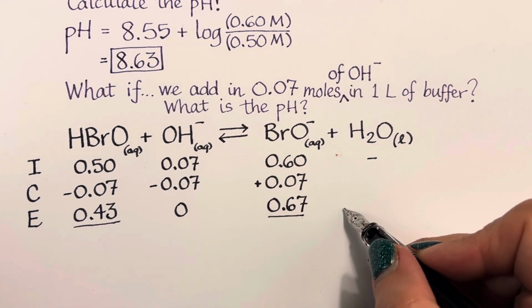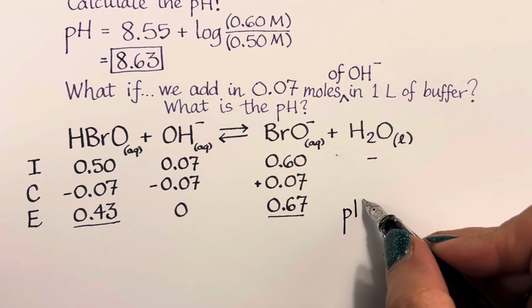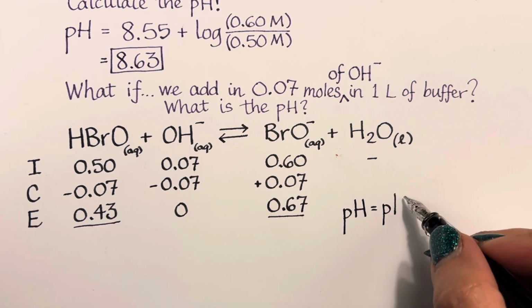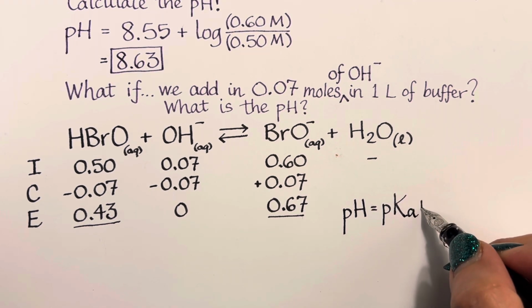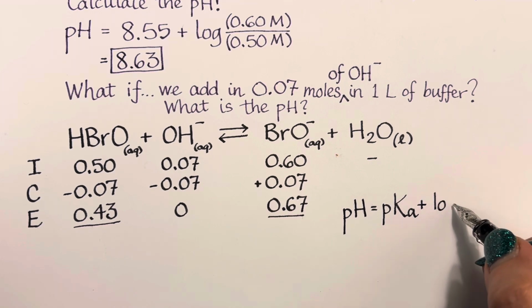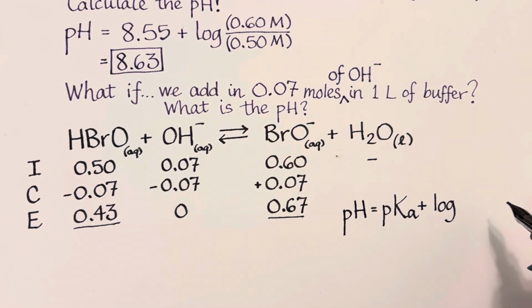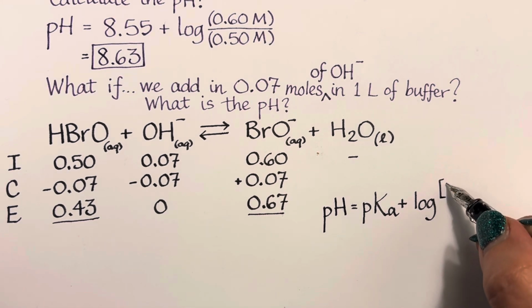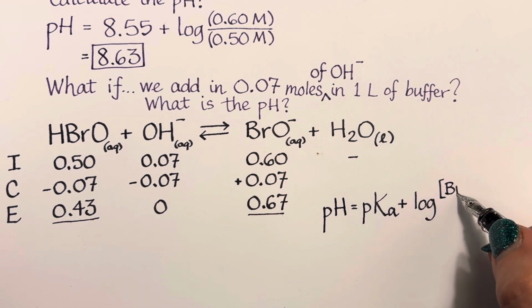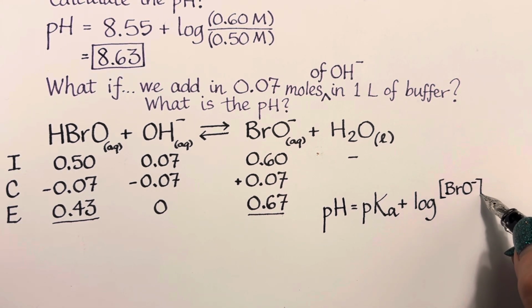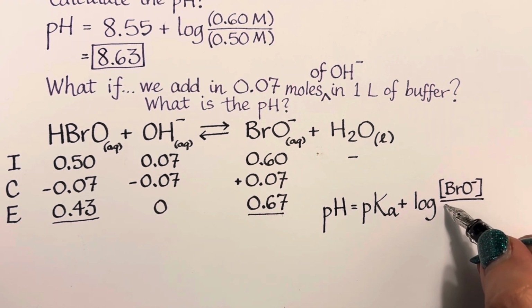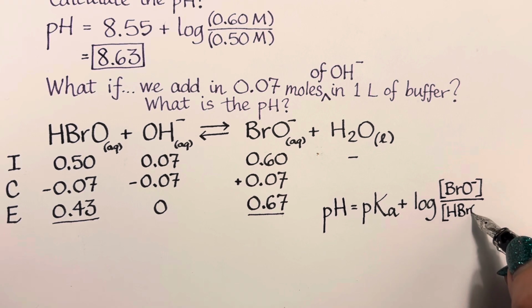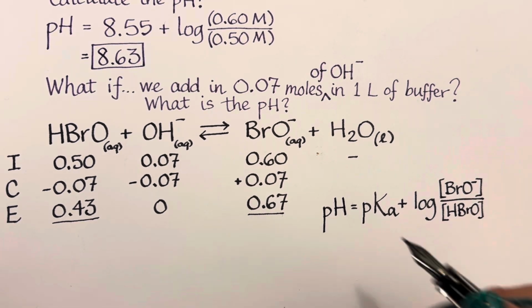So let's calculate that. pH equals pK plus base 10 log of concentration of conjugate base over concentration of conjugate acid.